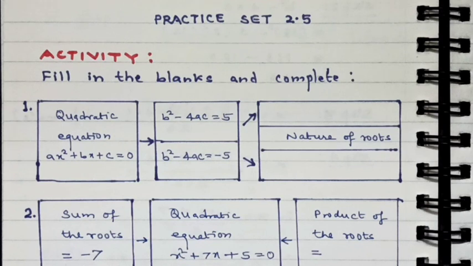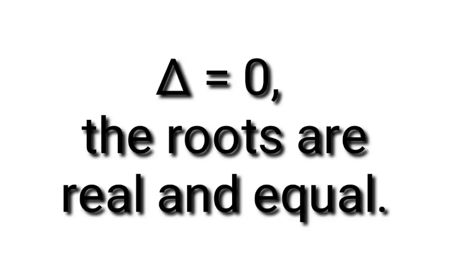My dear students, here b square minus 4ac is called the discriminant. The nature of the roots of the given quadratic equation depends on the value of the discriminant b square minus 4ac, which is denoted by delta. Now, if delta is equal to 0, that means the discriminant is equal to 0, the roots are real and equal.